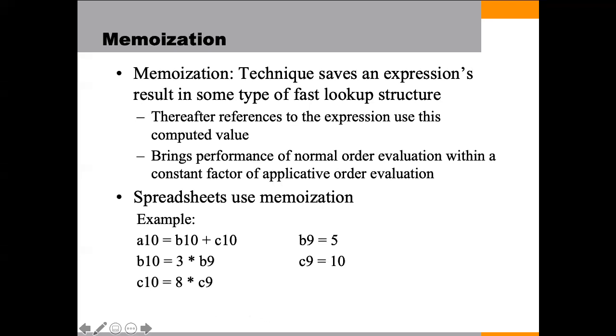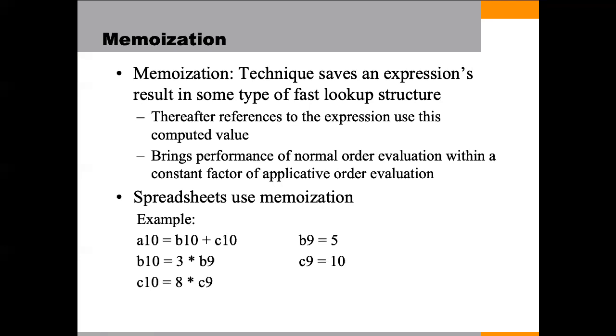And spreadsheets use this memoization technique extensively. If you have a set of equations, let's say you have these 5 equations, so B9 equals 5 and C9 equals 10 are equations, then it saves or caches the result of each of these evaluations. That's what you see in each cell of your spreadsheet.